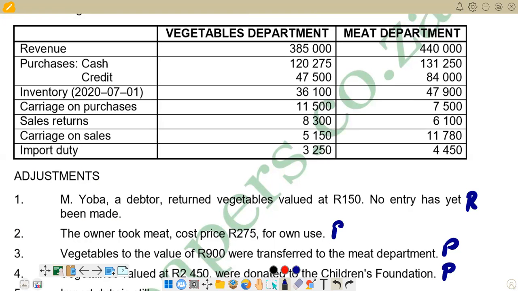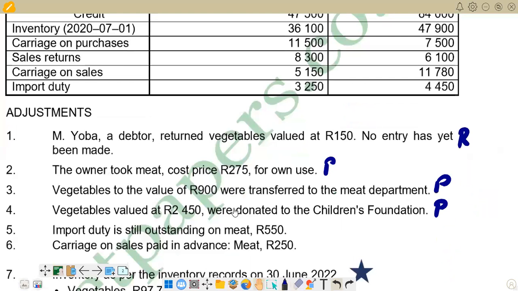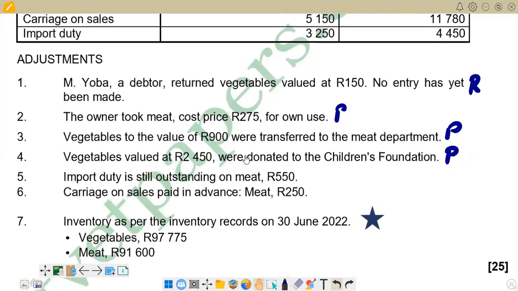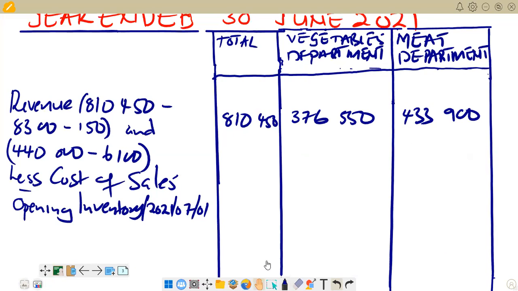Before we enter that, we can just see if we've got anything in the additional information that is affecting the opening inventory. If we don't have anything there, we put the figures that we have: for the vegetables department, 36,100.